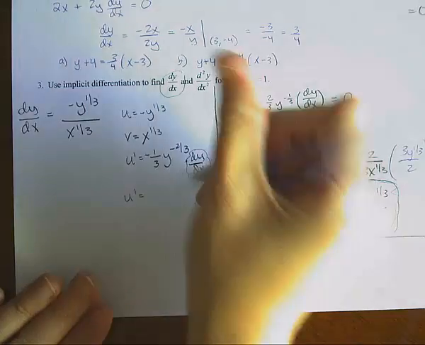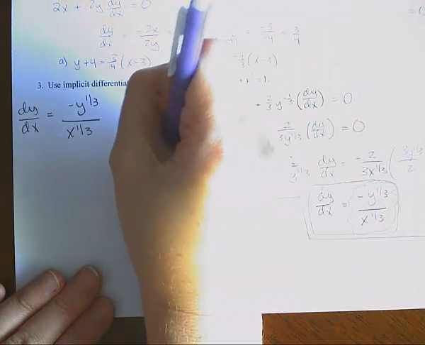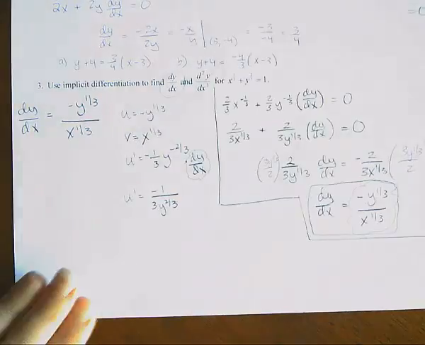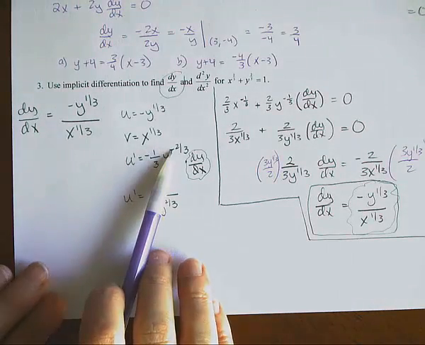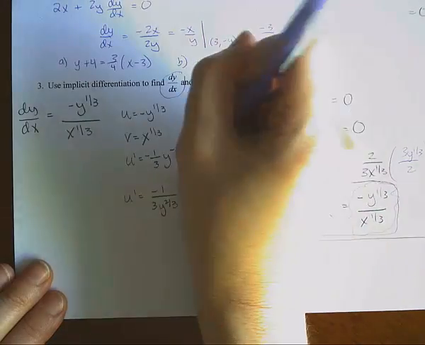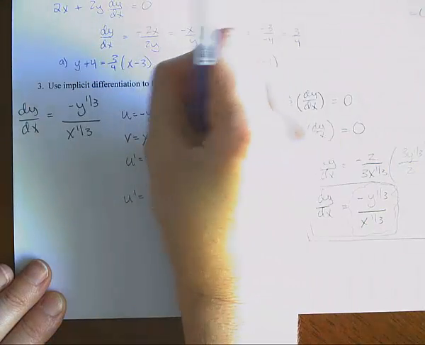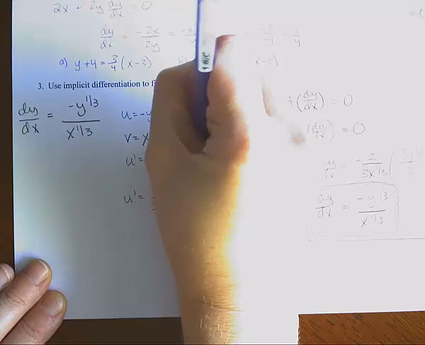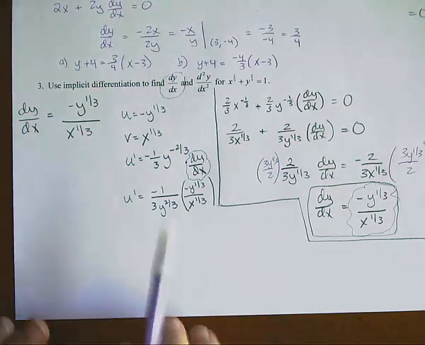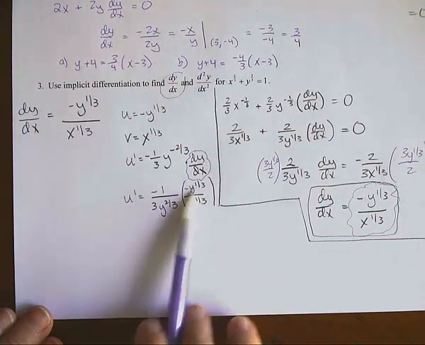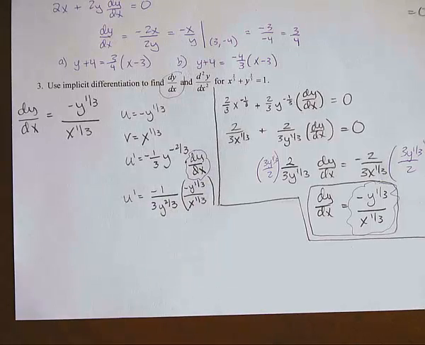So I have negative 1 over 3y to the 2/3, because that exponent was negative, so it should go down to the denominator. And I'm going to multiply that by negative y to the 1/3 over x to the 1/3. Well, I notice my negatives are going to cancel, and one of my powers of y is going to cancel.